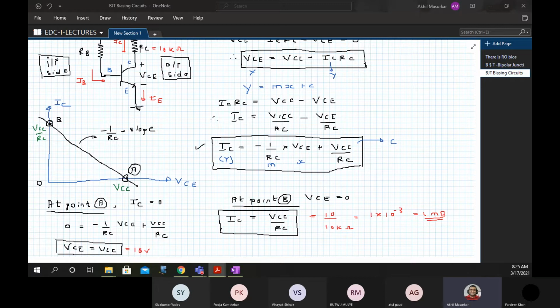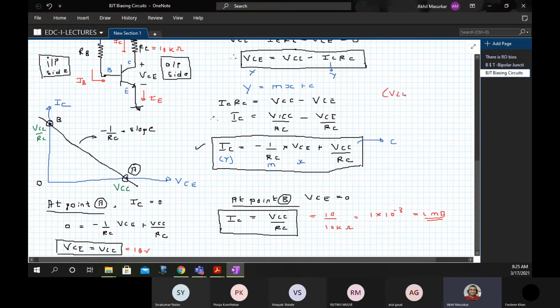Point to be noted: if you consider a point VCE equal to 16 volts and IC equal to 1.5 milliamperes, and substitute these values in this equation, they do not satisfy the output current equation.